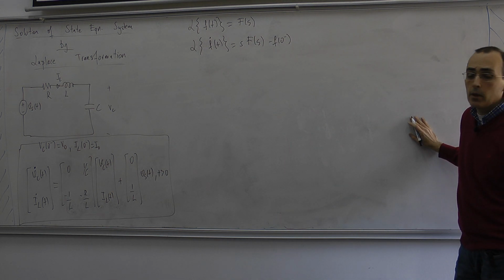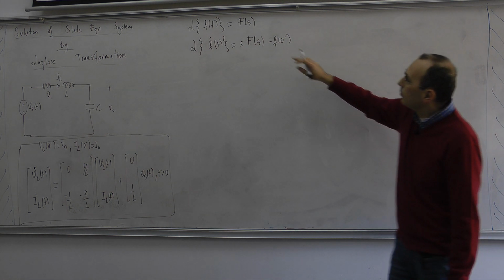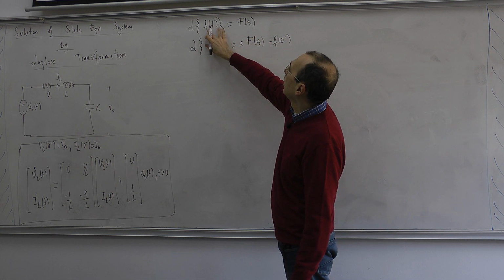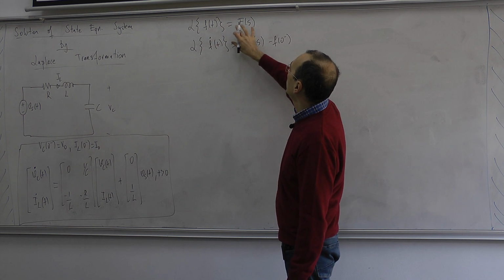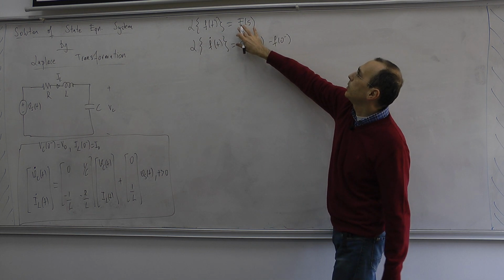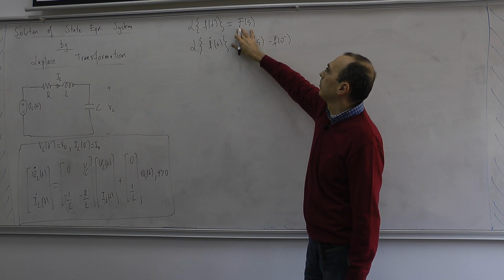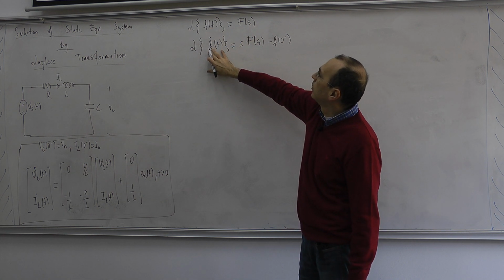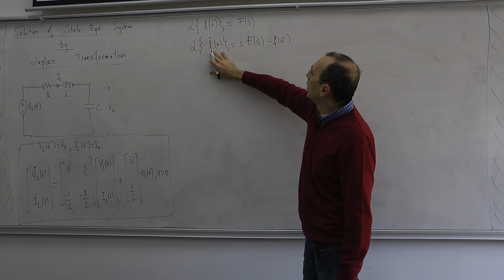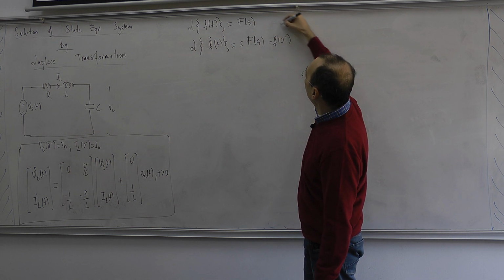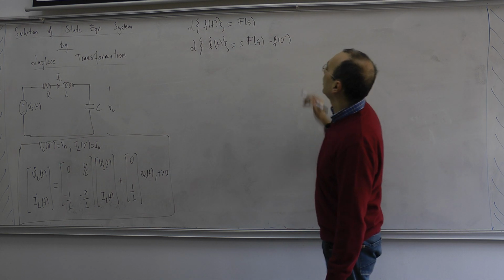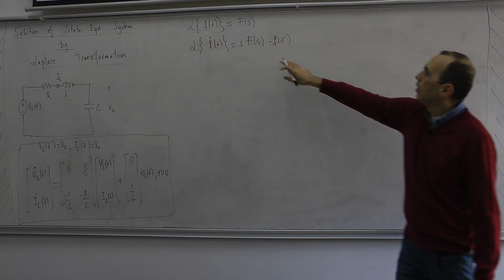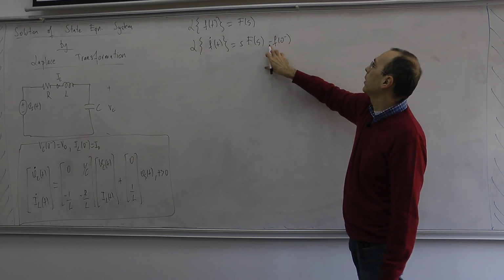This is a remarkable result in the sense that in time domain I have a function and its Laplace domain representation is F of s. So I process this function in time domain by derivative operator. I get this. So we see that the equivalent operation in the Laplace domain is multiplication by s and subtraction of a scalar.